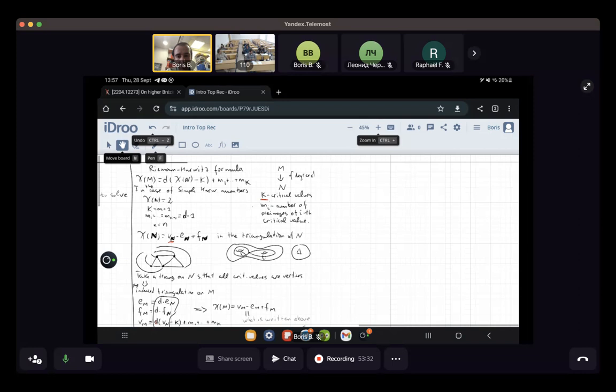Число единичек будет как раз m1, как написано здесь. Значит, действительно так получается.